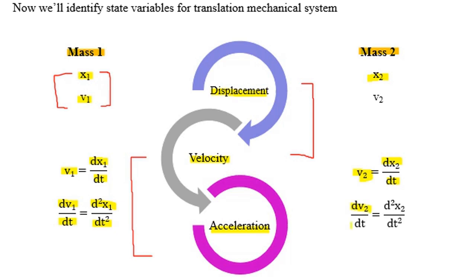Now acceleration of mass 2 will be rate of change of velocity or double derivative of x2. So x2 and v2 will be state variables for mass 2, which represent its displacement, velocity and acceleration.